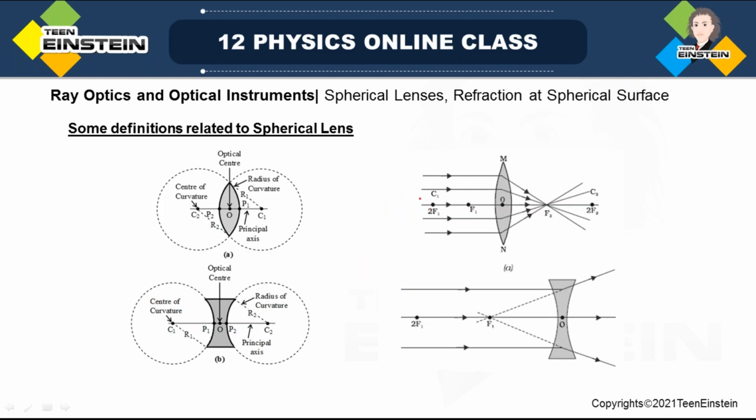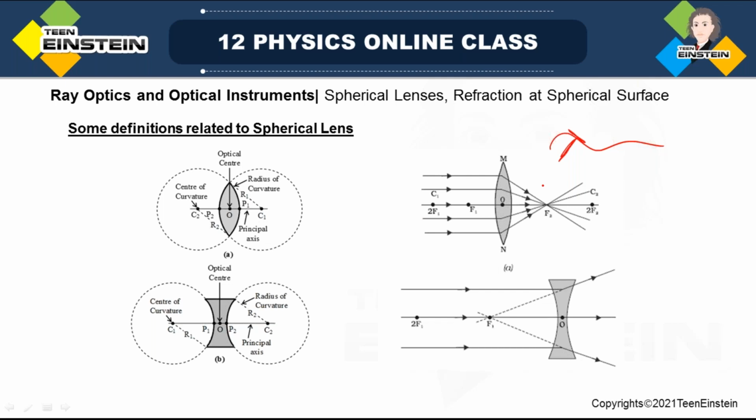So I hope you have understood what I'm trying to say. Whenever there is a curved surface like this, if I want to know the normal at this particular point, you have to draw a tangent and then draw the normal to that. This will be the normal at that particular point of the curve.